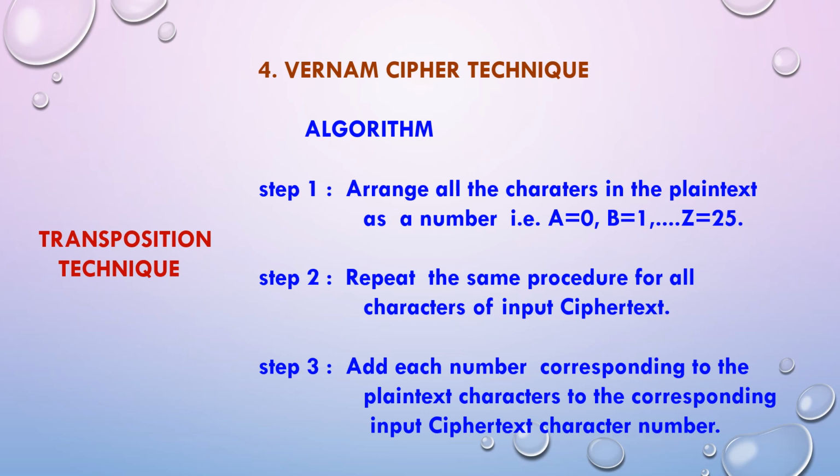Now we will see the algorithm steps. Step number 1. Convert all the characters in the plain text to numbers, that is A equal to 0, B equal to 1, C equal to 2, up to Z equal to 25. Step number 2. Repeat the same procedure for all the characters of the input ciphertext. Step number 3. Add each number corresponding to the plaintext characters to the corresponding input ciphertext character number.